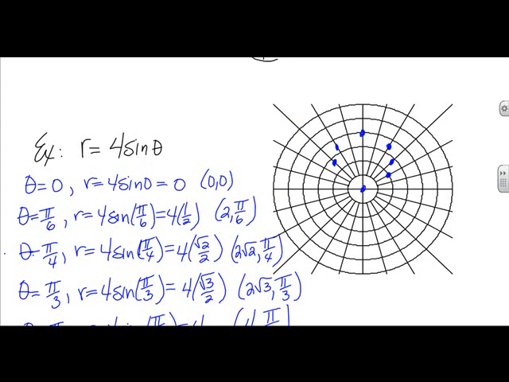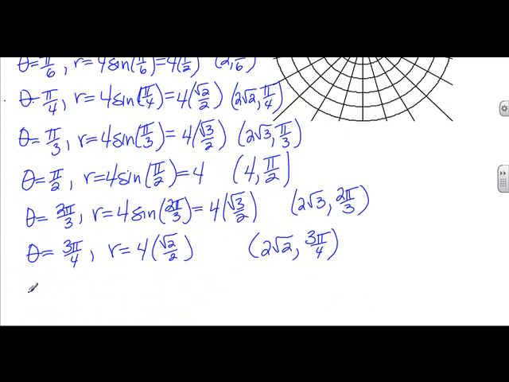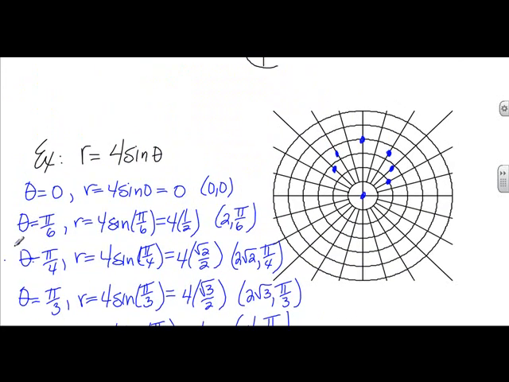So the next angle, theta is 5 pi over 6, and r is 4 times the sine of that angle, which would be 1/2, so that's going to be the ordered pair (2, 5 pi over 6). So let's see, 5 pi over 6 would be this ray, and so our point would be there.